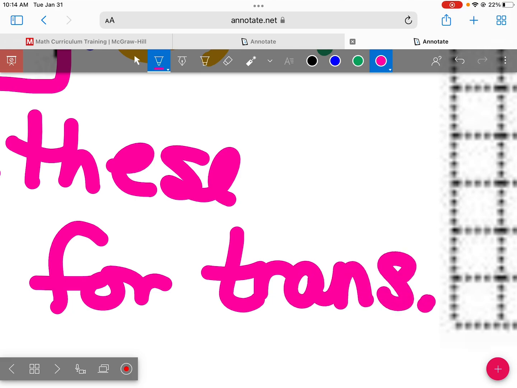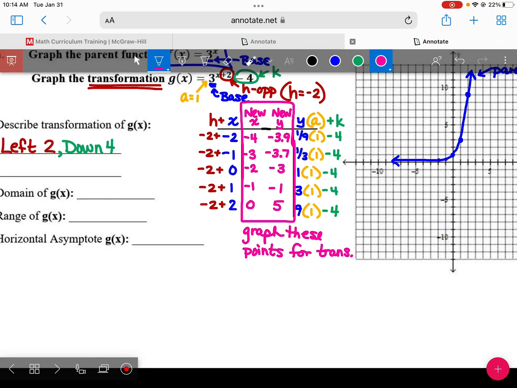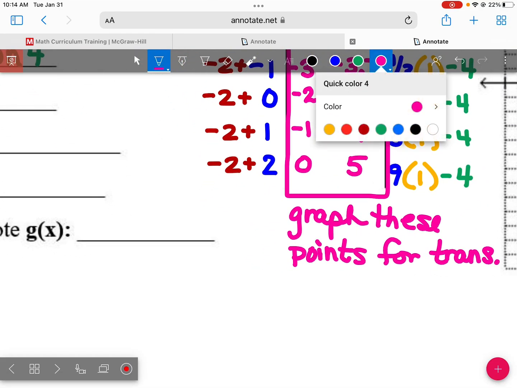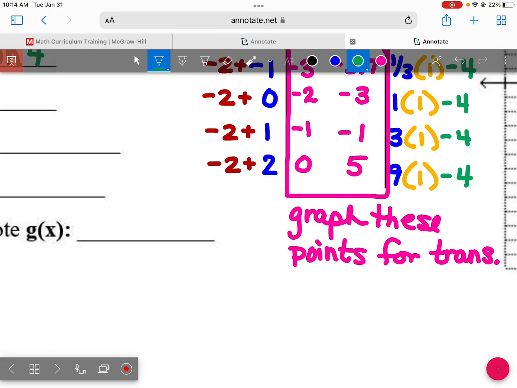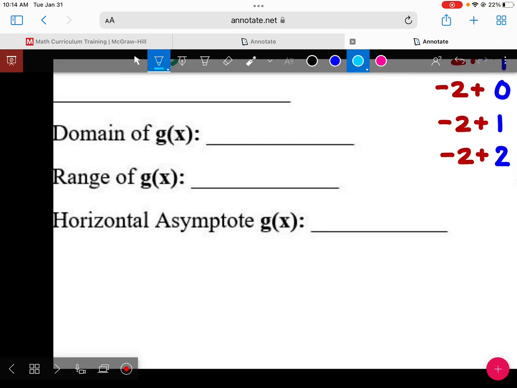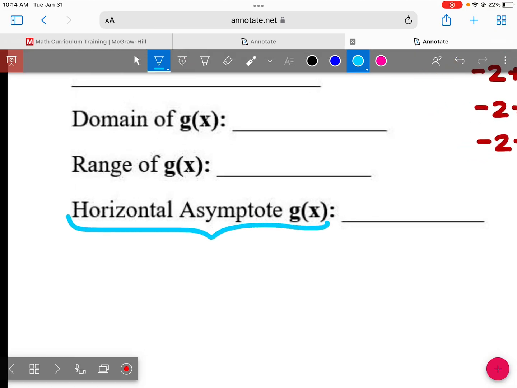Before I actually graph that one, though, I want to get my asymptote on here. It's a horizontal asymptote. How do I figure out where the asymptote is going to be? What do I use to figure out where that asymptote is going to be? Yes, it is our k value. It's the x-axis for my parent.